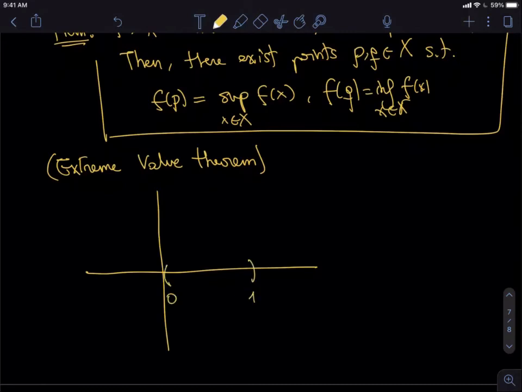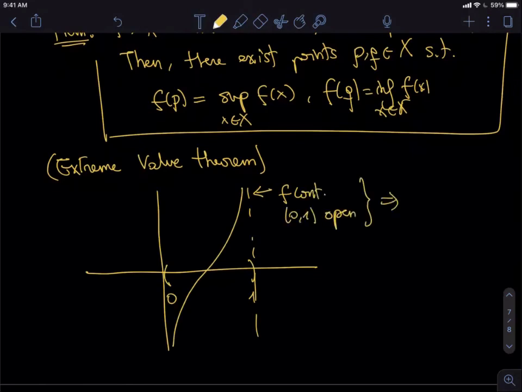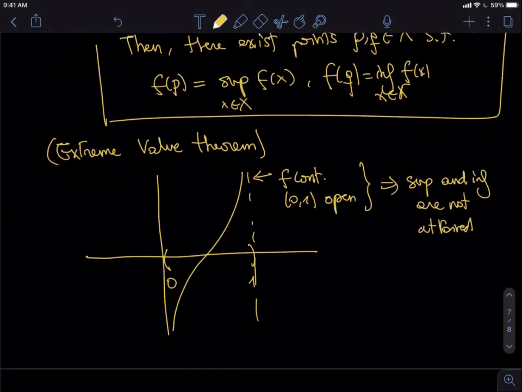And remember, we know from Calc 1 that if we work, let's say, between 0 and 1, then the function may be continuous, but it may happen that the supremum and the infimum are not attained, because they are infinity and negative infinity.